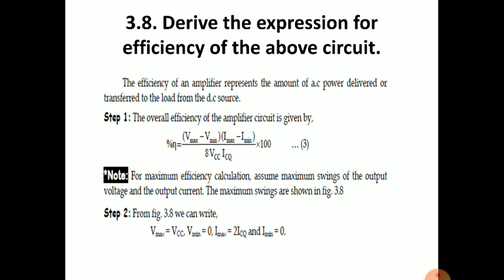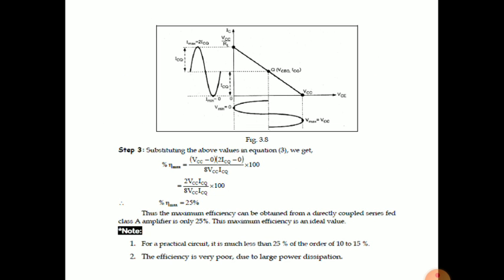From the figure we can write Vmax is equal to VCC. See here Vmax, the maximum value in the fourth quadrant, is equal to VCC, and Vmin is equal to 0. What about Imax? Imax is equal to VCC by RL, and it is 2 times ICQ.